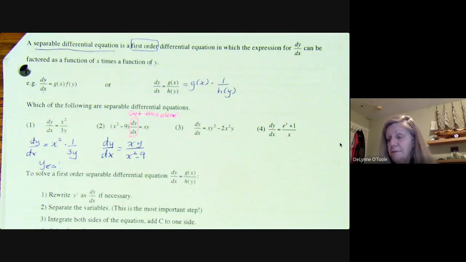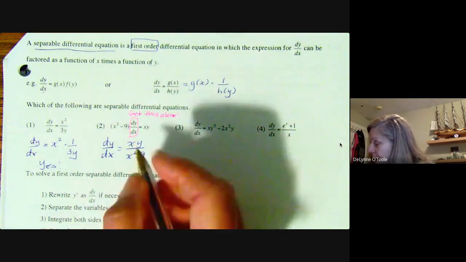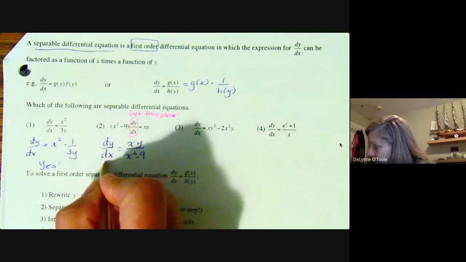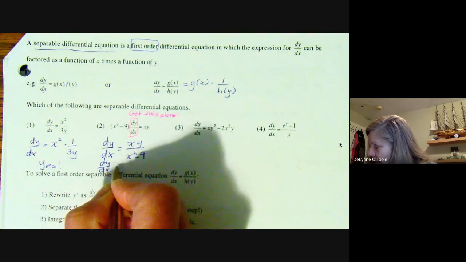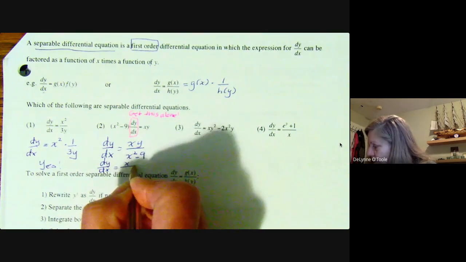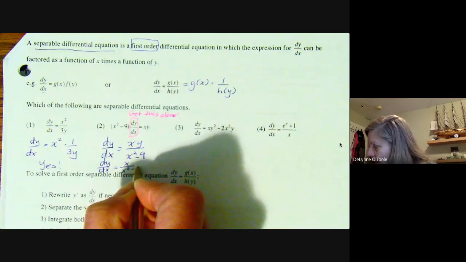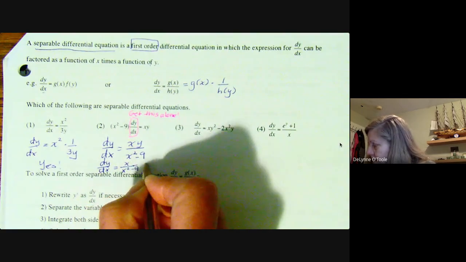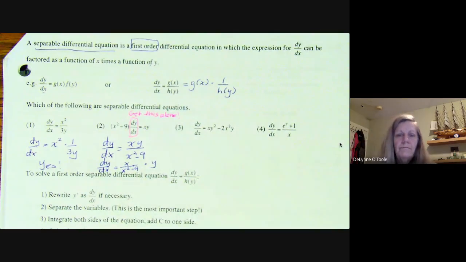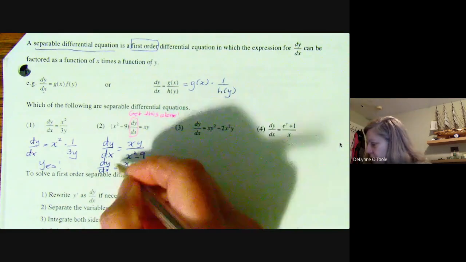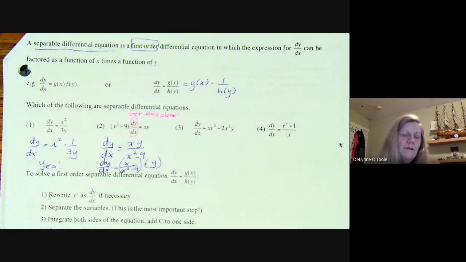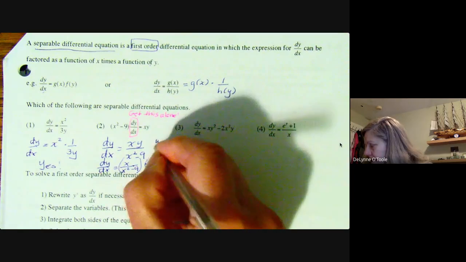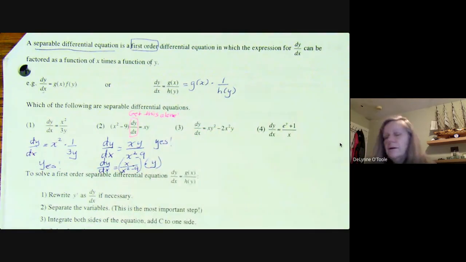I see some people shaking their head no. The answer is yes, right? I can break this out into dy over dx equals x over x squared minus 9 times y. There it is, one function in terms of x only, another function in terms of y only. Okay, so this one, yes, it's a separable differential equation.